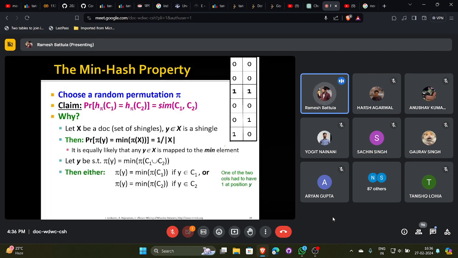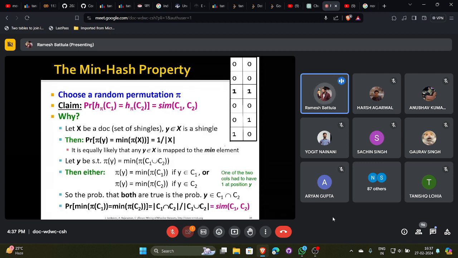Suppose y is such that pi of y is equal to min of pi of c1 union c2. In other words, pi of y is equal to min of pi of c1 if y belongs to c1, or pi of y is equal to min of pi of c2 if y belongs to c2.